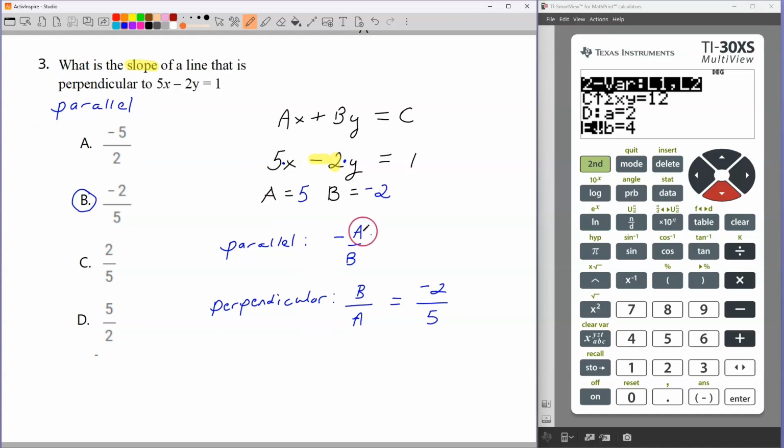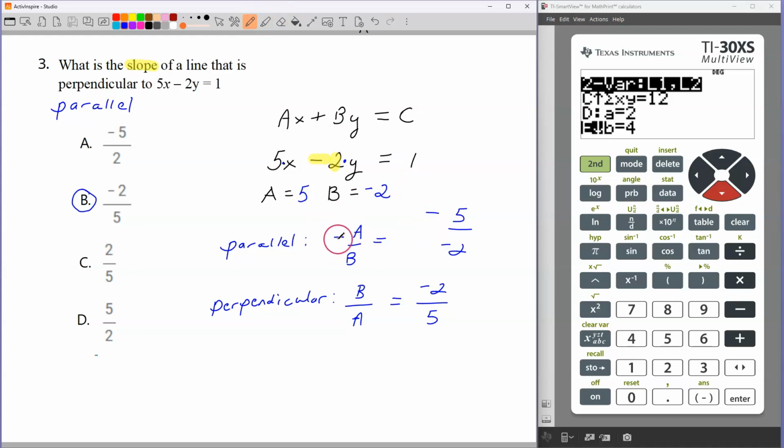Now let's say it said parallel. If it said parallel, what you do is you bring over your negative sign, and then your A value is 5, and your B value is -2, right? So I replace the B with -2. Really, I have two negatives together. When that happens, I can move this negative up on top to make it easier. So let me explain that again.